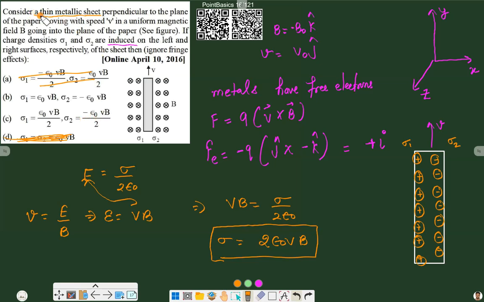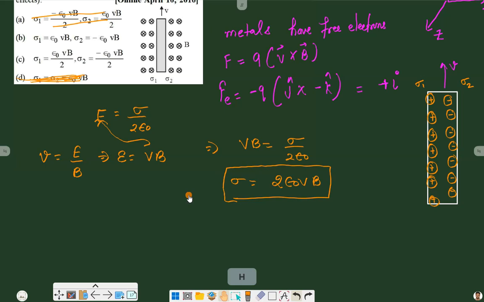even after mentioning a thin sheet, they have solved for a thick sheet, and for a thick sheet we will not have the 2. In case of a thick sheet, the electric field will be sigma by epsilon naught.